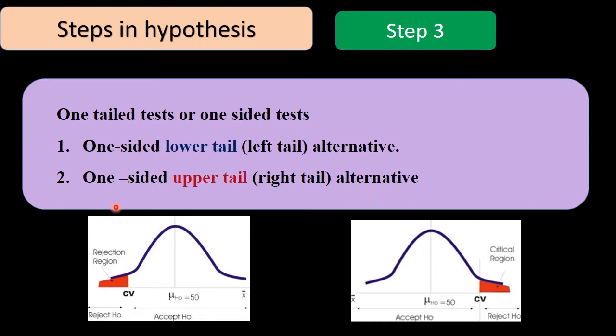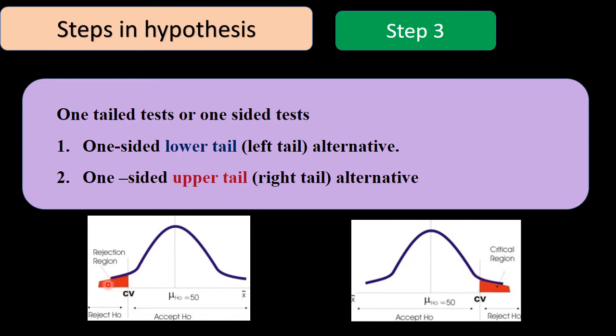Then in the one tail test or one-sided test, there are two types: one-sided lower tail and one-sided upper tail. If the tail is on the left side, it is called lower tail or left tail. If the tail is on the upper side, that is called right tail, right side.